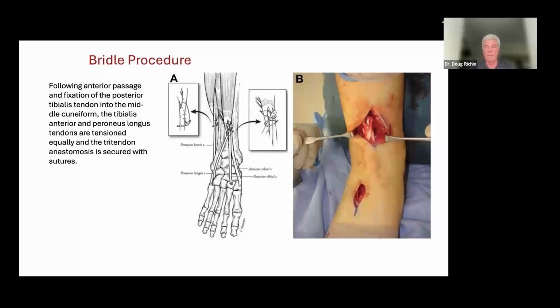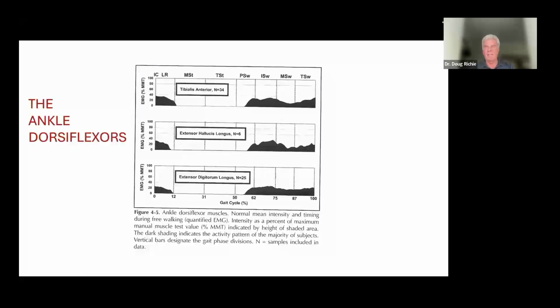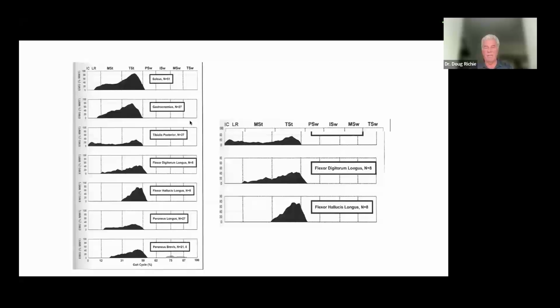I want to point out that these patients, when the tibialis posterior is transferred, must undergo rehabilitation and gait training because the tibialis posterior muscle is not activated during the swing phase of gait.